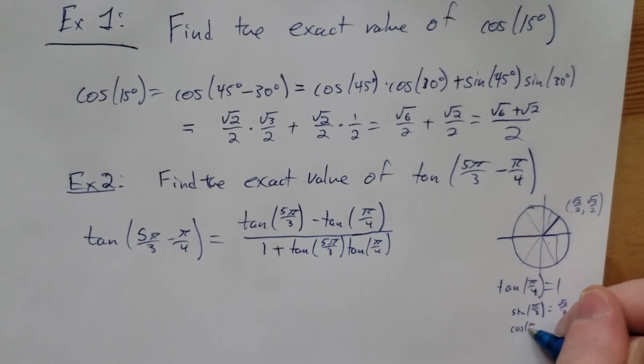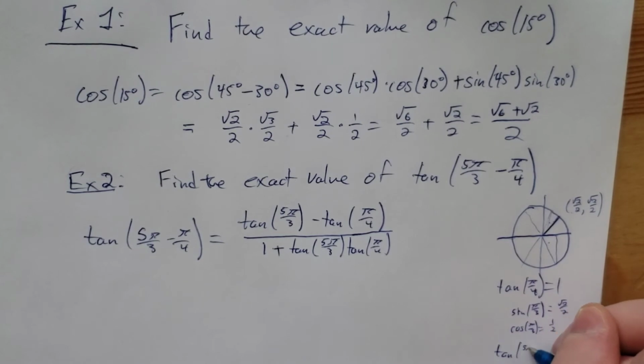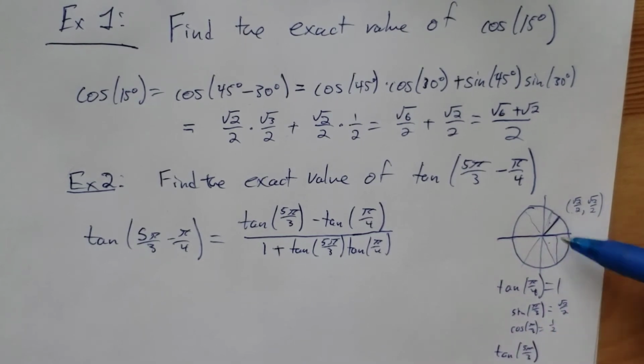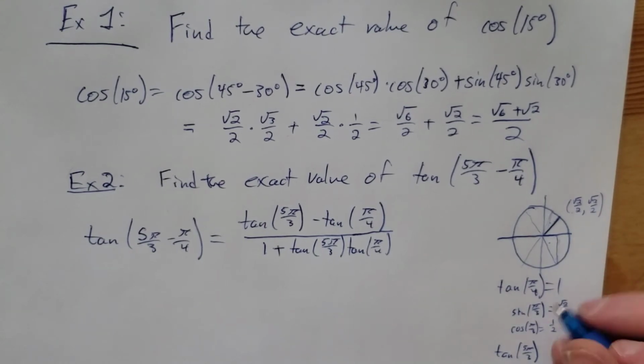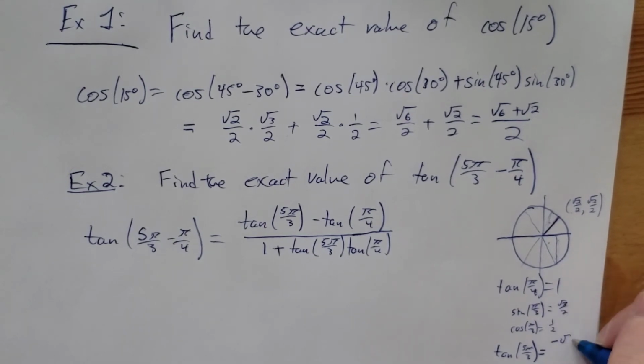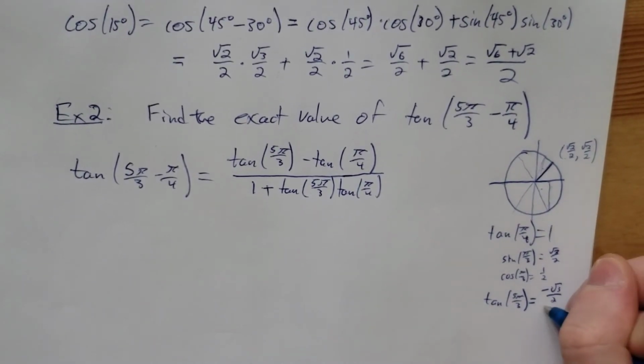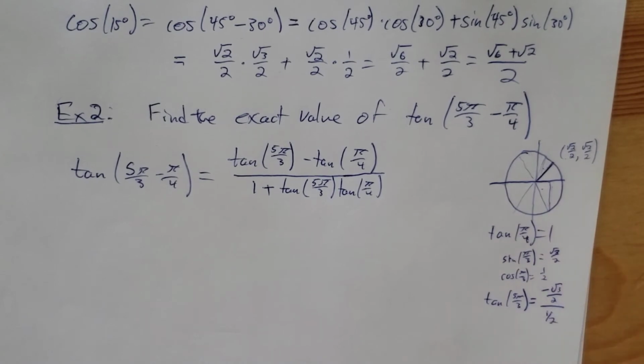Cosine of pi over 3 is 1/2. So tangent of 5 pi over 3, note that tangent is negative down here because the sign is negative. So this would be negative root 3 over 2, that should be a 3 there, divided by 1 over 2, which gives us negative root 3.